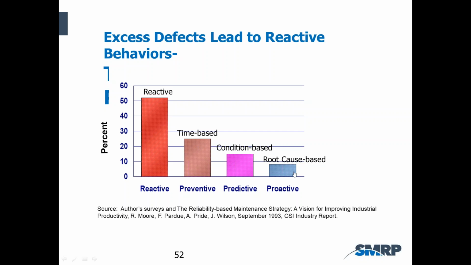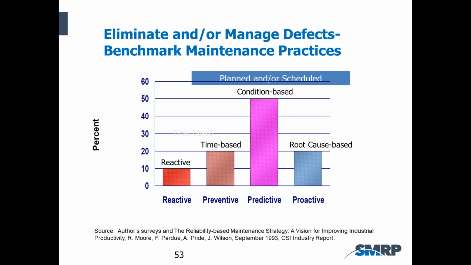Let's compare that to the best plants that we saw, some 30 years ago and today. This data is still good today. Not much reactive, a little time-based, mostly condition-based, and a nice healthy dose of proactive root cause-based defect elimination activities.